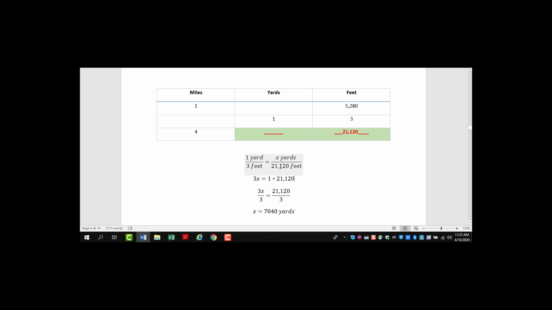So X yards to 21,120 feet. This one, I don't know what to multiply 3 by to get that. So I'm going to cross multiply and divide, and we get that many yards. 7040. So 4 miles is the same as 7040 yards, which is the same as 21,120 feet. So there was a double conversion.